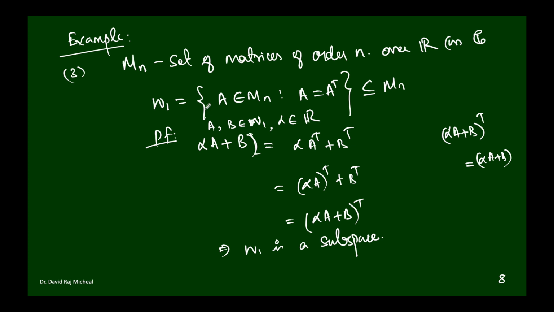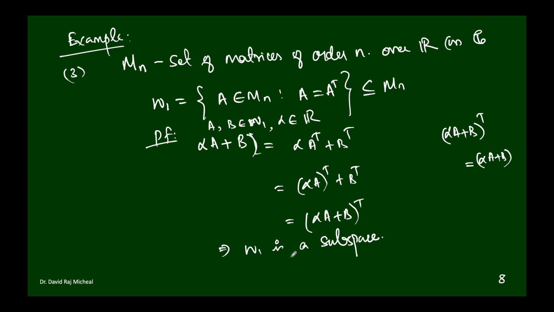Okay, first of all, I have to verify the non-emptiness. To verify the non-emptiness, most of the authors will verify whether 0 belongs to W or not, right? Which means the question was whether the zero matrix is a symmetric matrix or not. That's what we have, right?